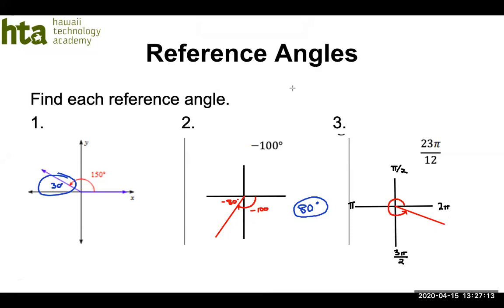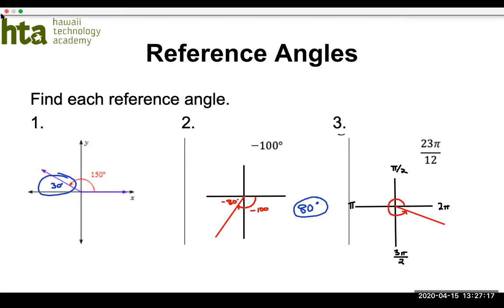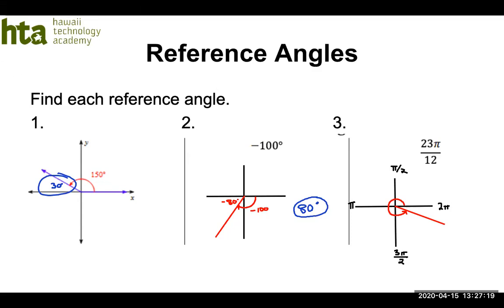Well, if it's 23 pi over 12 that gets us to that angle, how many more do we have to go to get to 2 full pi? Well, again, 2 full pi is the same thing as 24 pi over 12. That would be a full revolution. So how much more do we have to go?